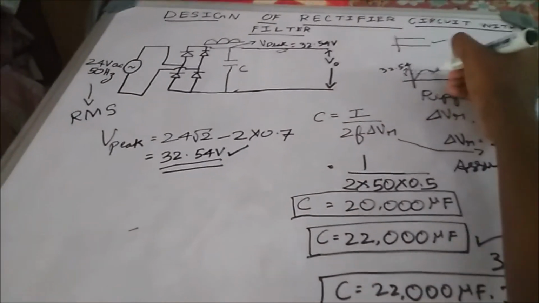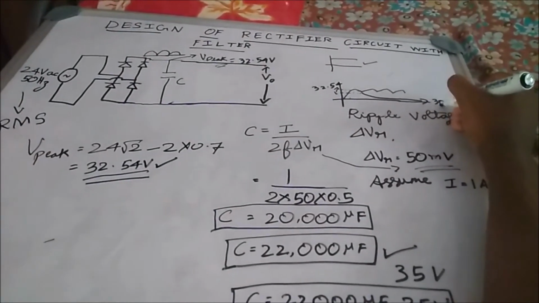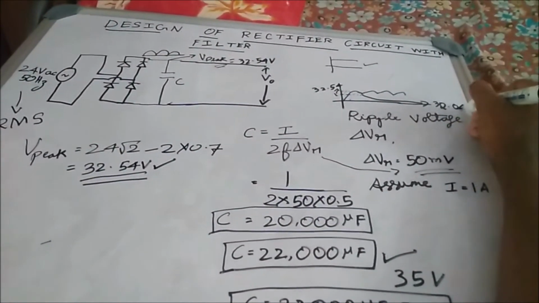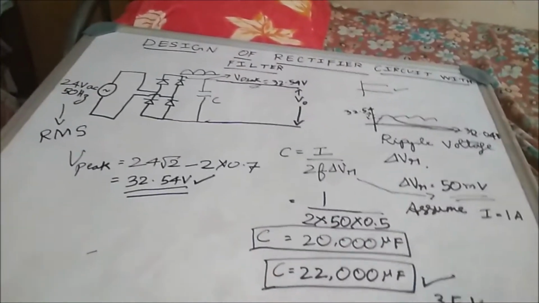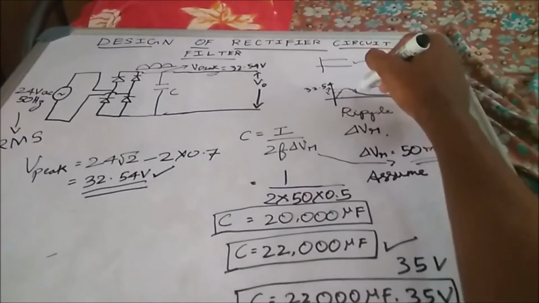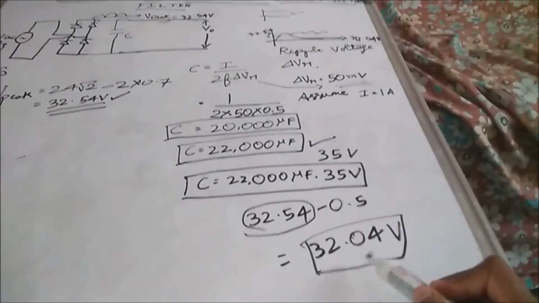And this is the value here. So the voltage will be varying from 32.54 to 32.04.